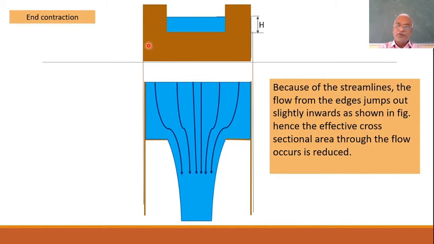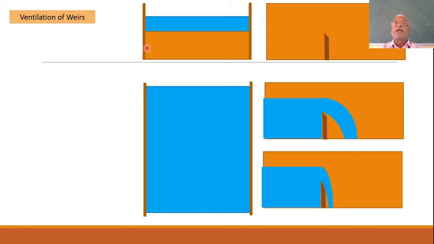If I show you the side view of this, it will be like this. This is a suppressed section, in the sense that there are no end contractions. The length of the crest is equal to the width of the channel itself.